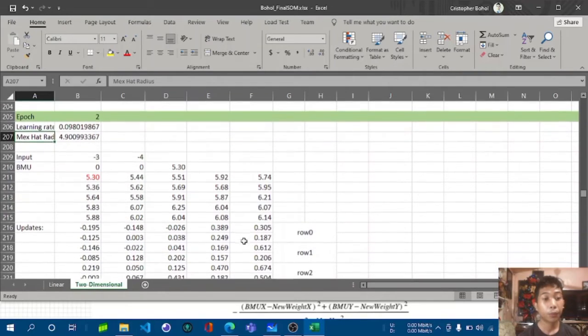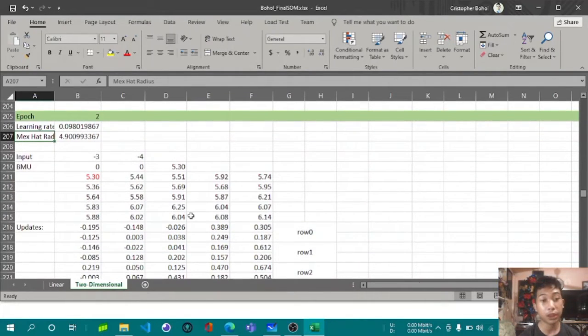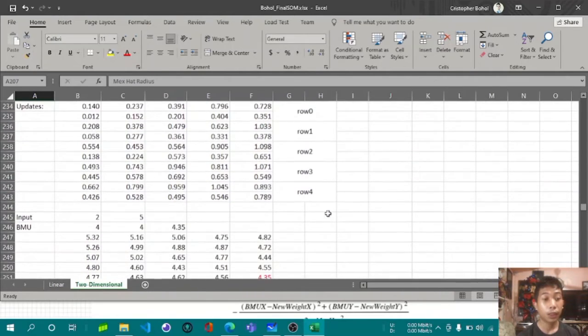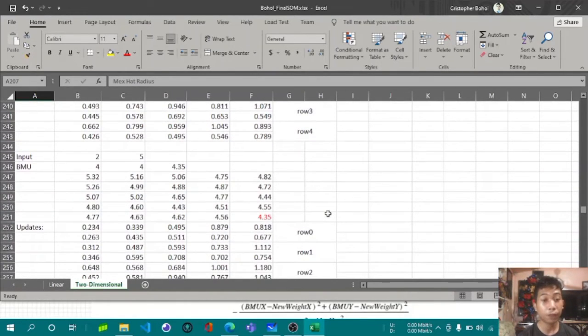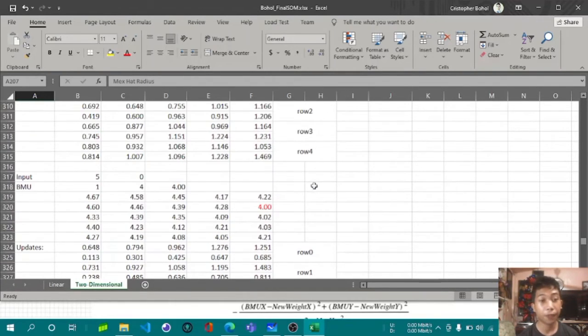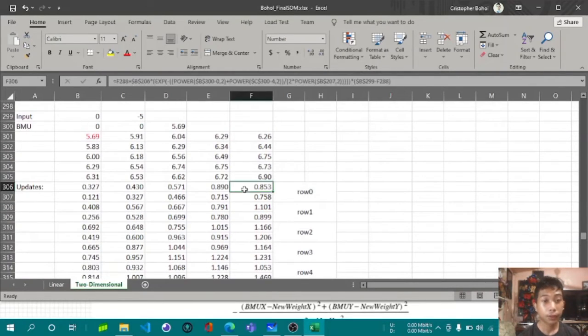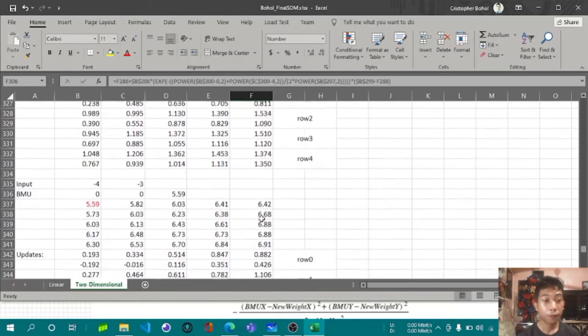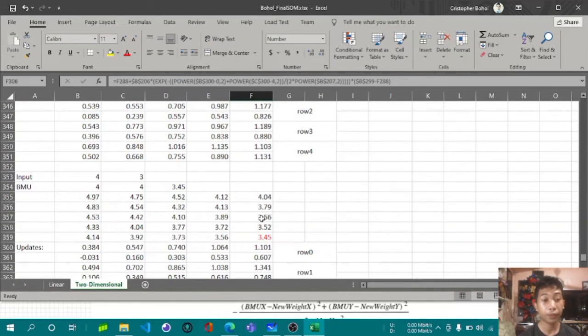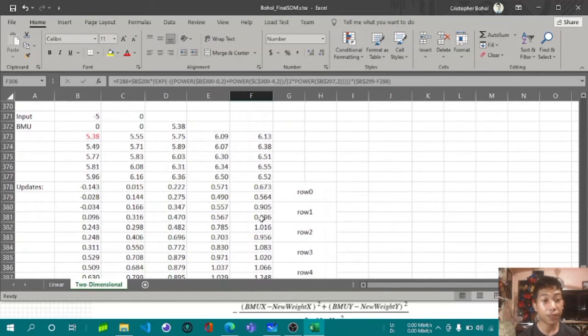So here we have negative 3 and 4, which is 5.30, 5 and 2 would become 4.58, my minimum, 4.35 for 2 and 5, 3.93 for 0 and 5, 3.21 for 3 and 4, 5.69 for 0 and negative 5, 4 for 5 and 0, 5.59 for negative 4 and negative 3, 3.45 for 4 and 3, then 5.38 for 5 and 0.